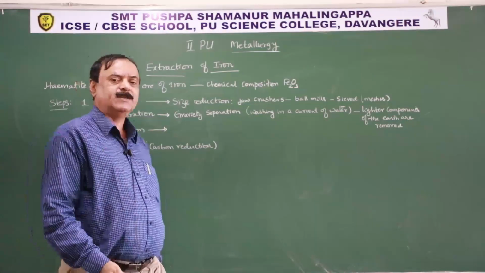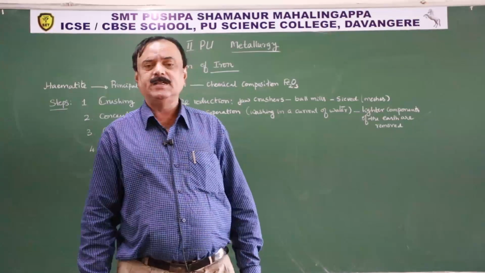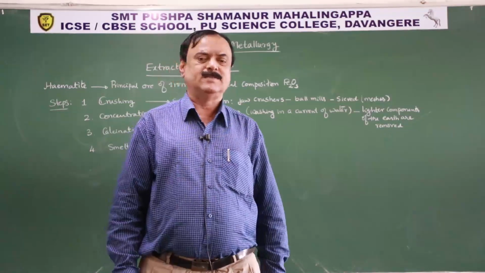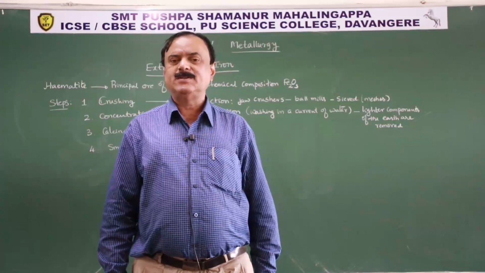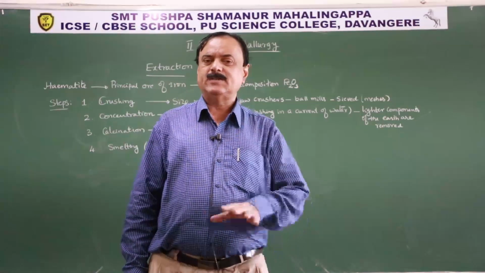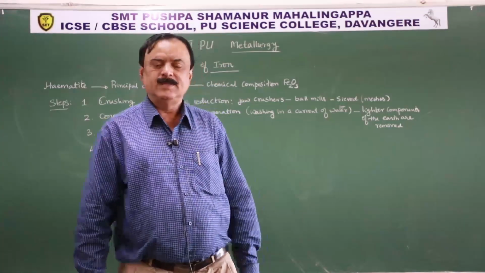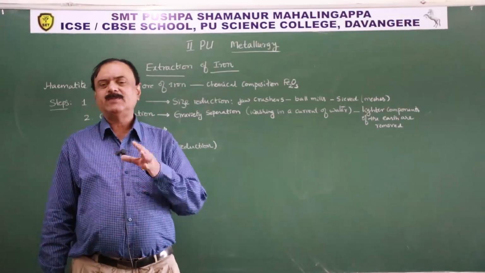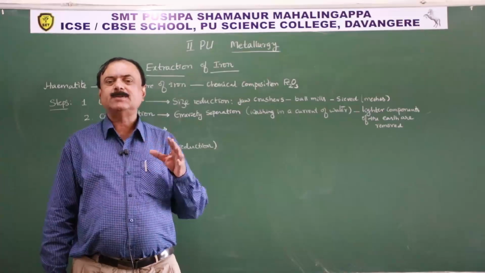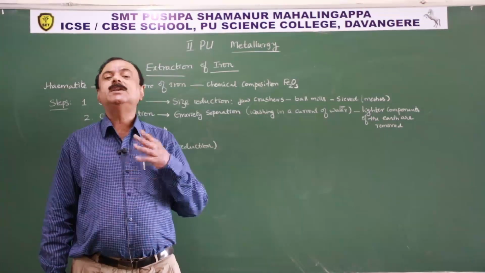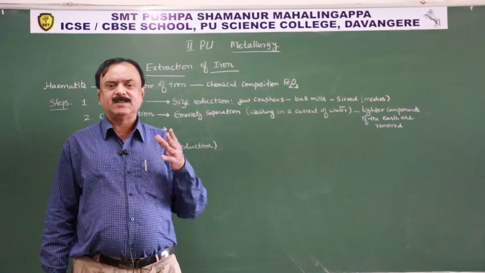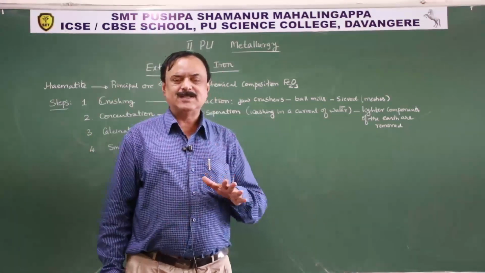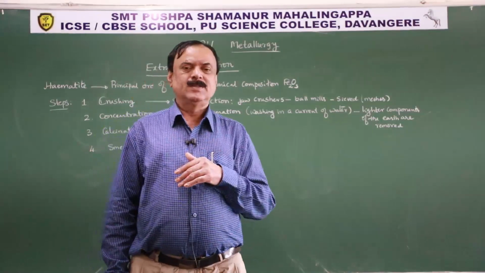Here the concentrated hematite is heated in a limited supply of air or oxygen. Then what happens during this process? It undergoes calcination. What is calcination? The process of heating the concentrated ore in a limited supply of oxygen or air, or no supply of oxygen or air, is called the calcination process.